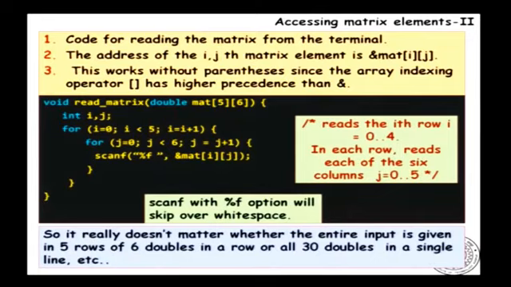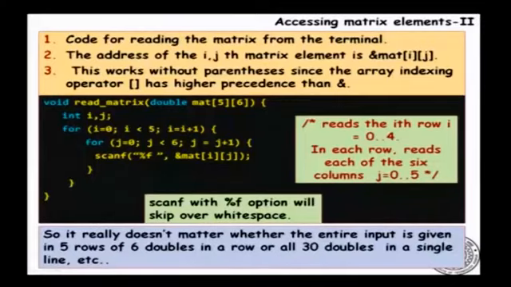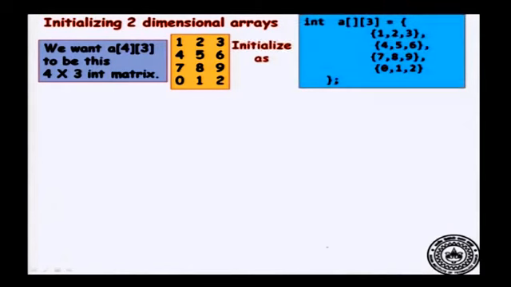We have seen how to print an array, and we have seen how to read elements into an array. Now, let us see how to initialize a multidimensional array. Let us say we want to initialize a 4 by 3 array in the following way: 1, 2, 3, 4, 5, 6, 7, 8, 9 and 0, 1, 2. Let us say this is the array that I want to enter. Now, we have seen initialization of one dimensional arrays.